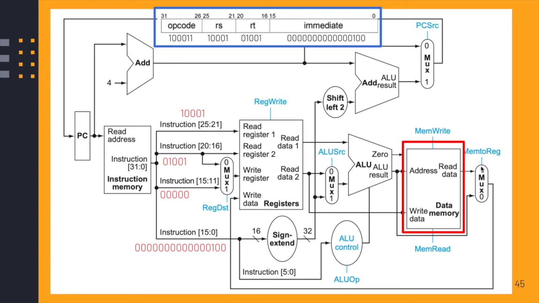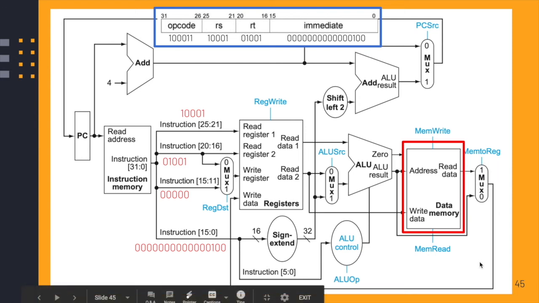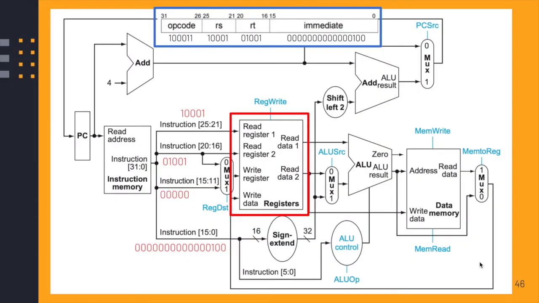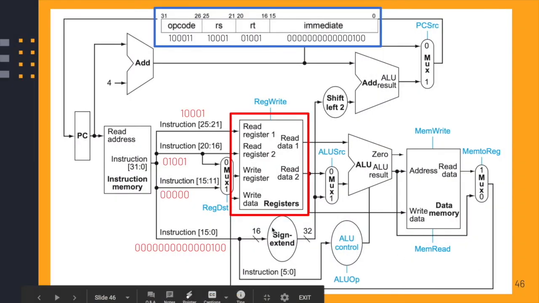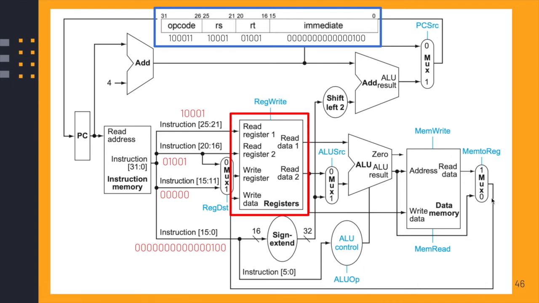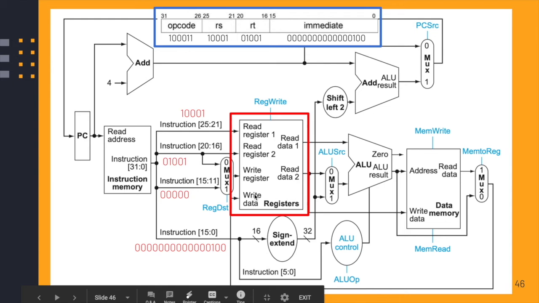This multiplexer will then choose the read data line to go through the next stage, which is what? The write back stage, where we will write our loaded data to one of our registers. So we have here write data that will contain the read data or the data that we read from the data memory. It will continue moving on to this line till it reaches the write data of the register file.